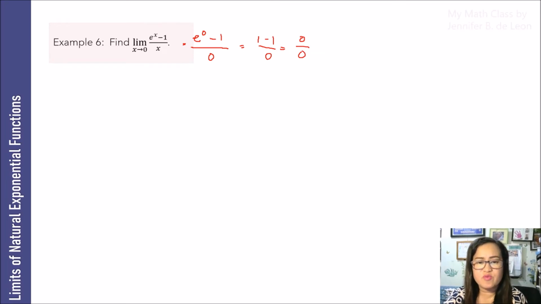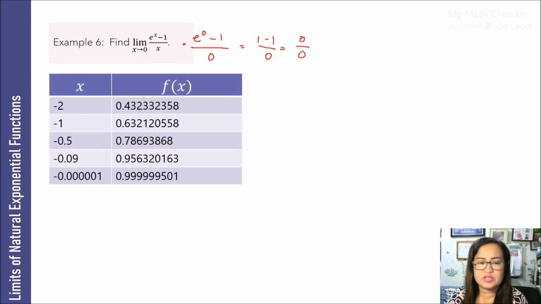Before concluding that the limit of the function does not exist, we have to confirm using the tabular method. Now let's see the limit as x approaches 0 from the left.